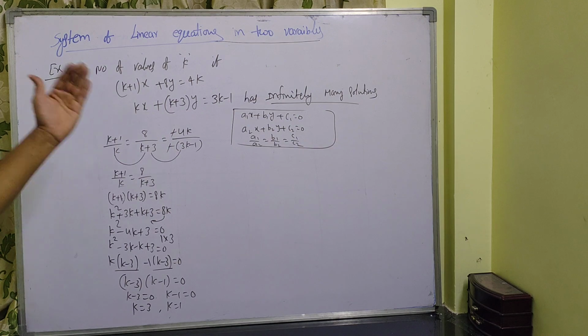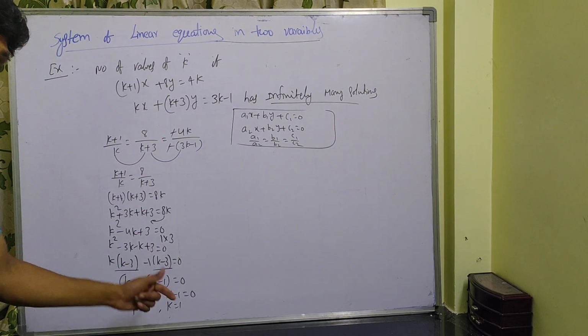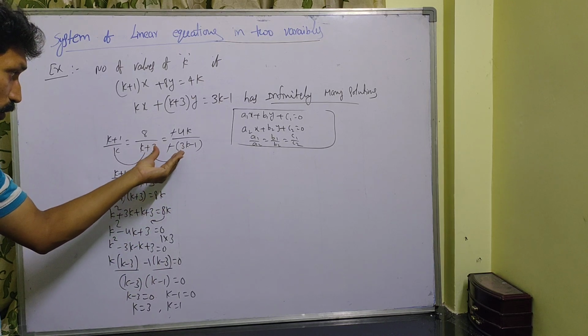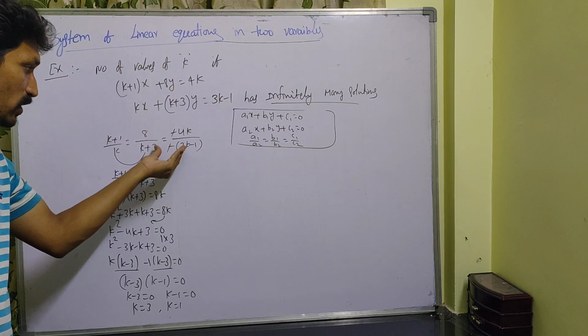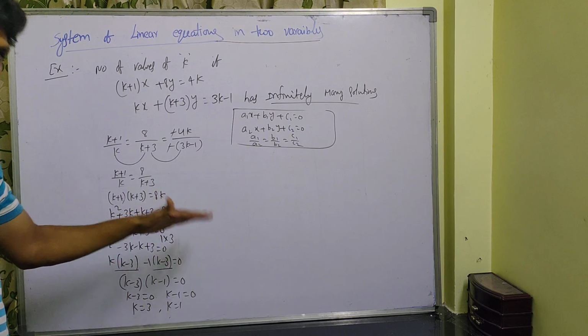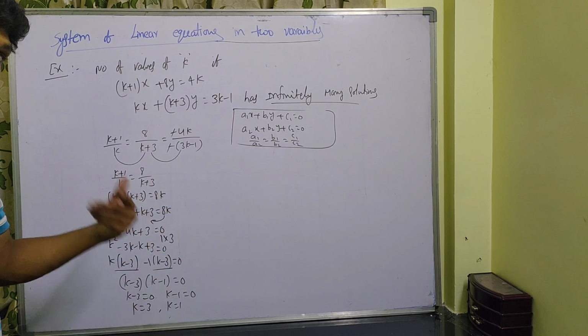Okay. See, are k is equal to 3 and k is equal to 1 solutions or not? To decide this, first of all you have to find the k value by using these two. We have to find the common solution, the common k value we have to consider. So don't write here that k is equal to 3, k is equal to 1 is the solution.